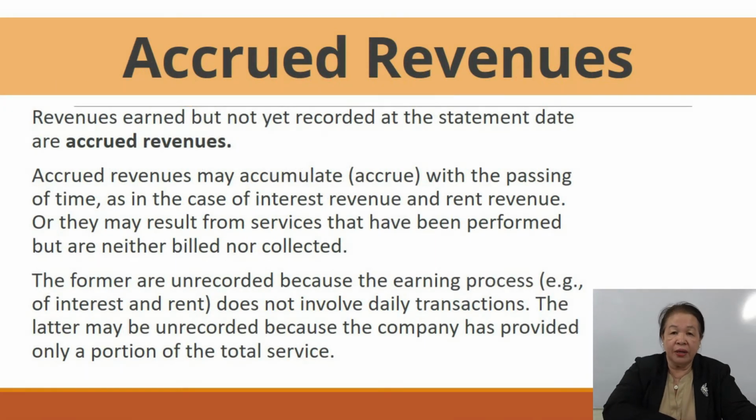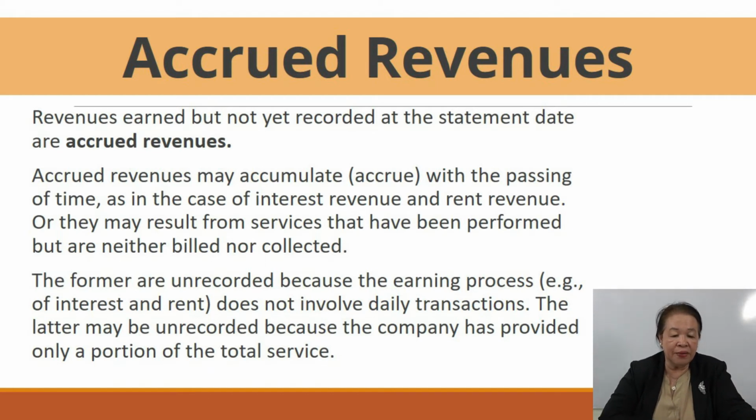Okay, so accrued revenues. These revenues are earned but not yet recorded at the statement date are accrued revenues, no? So, hindi pa sila na-record at the statement date, na-earn na, no? Ibig sabihin, kinita mo na siya, pero hindi pa siya naka-record.